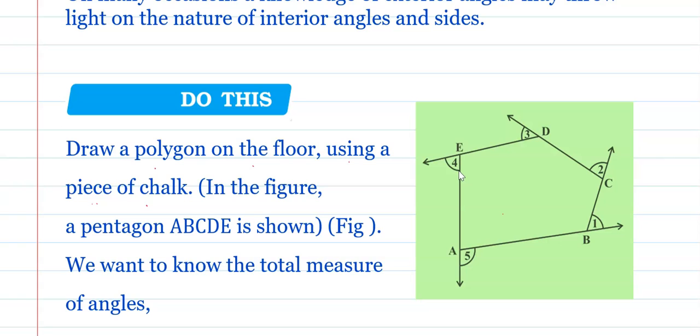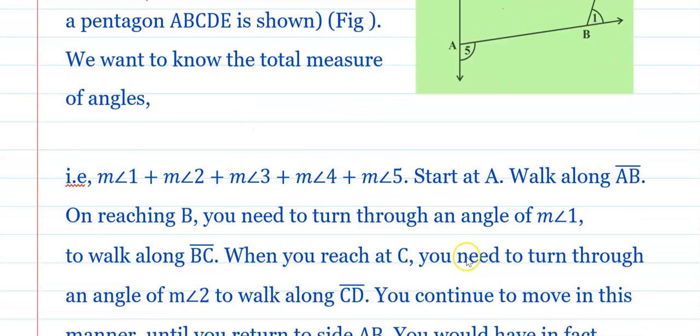Then walk along EA and turn through angle 5. At that time, you are in the same position as at the start at A. It means that you have turned a total circle, and its measure is 360.